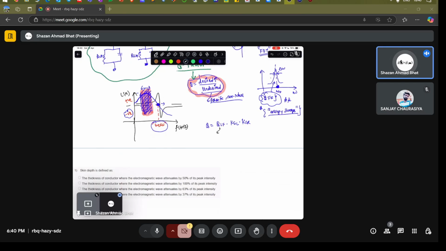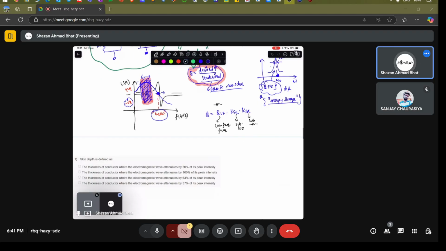This is basically the low frequency quality factor, which determines the losses because of the resistances and other things. This is the loss factor because of substrate loss, and this is the loss factor corresponding to the substrate resistance.